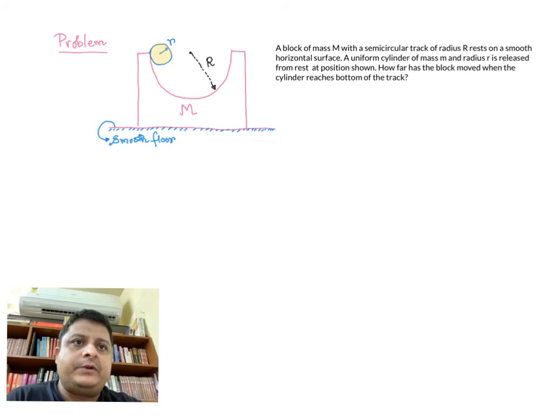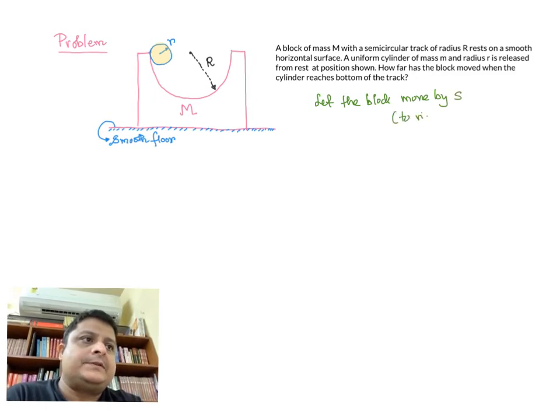So again we'll work with the same coordinate system approach. Now we can assume let the block move by s by default to the right, because the x coordinate I will choose will be towards the right.